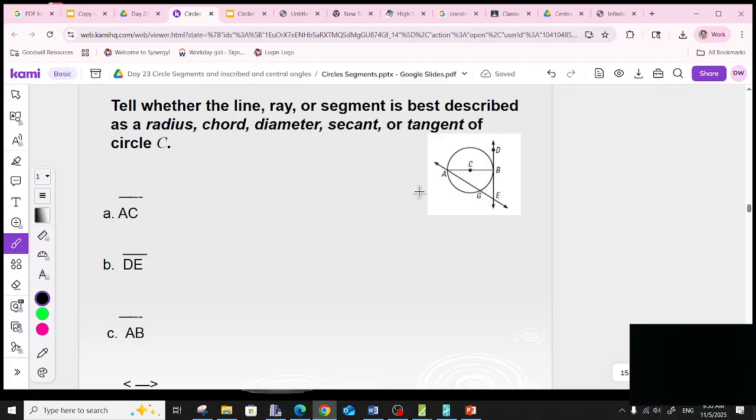Tell whether the line, ray, or segment best described as a radius, chord, diameter, secant, or tangent of a circle. So what's AC? What am I going to write for AC? That's a radius. What's DE? Tangent. What's AB?